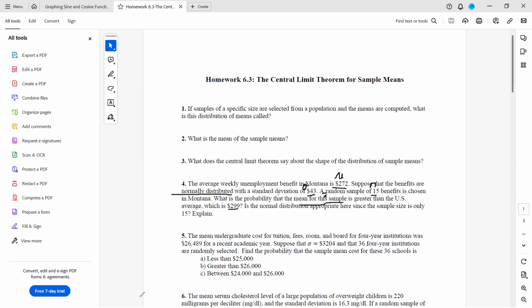Let me get the calculator out so we can compute the z-score, which I don't have open, so let me open it. Let me stop sharing because I've got too much stuff open and pull the calculator out of this.